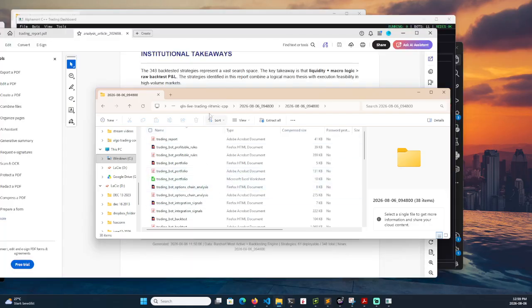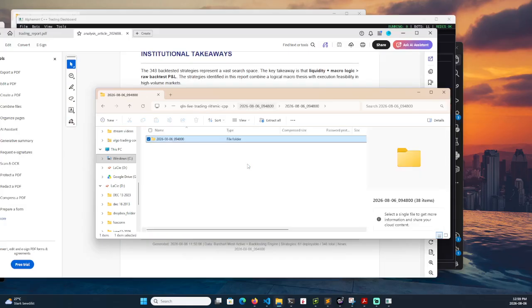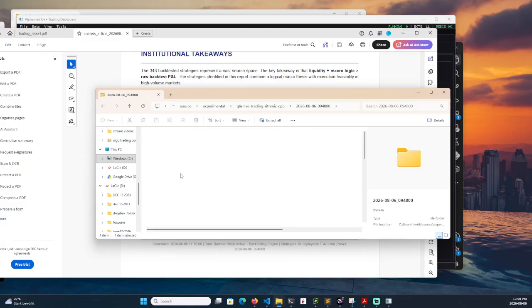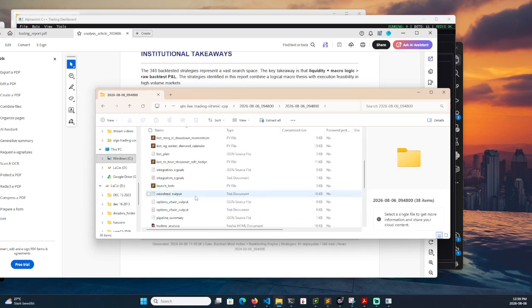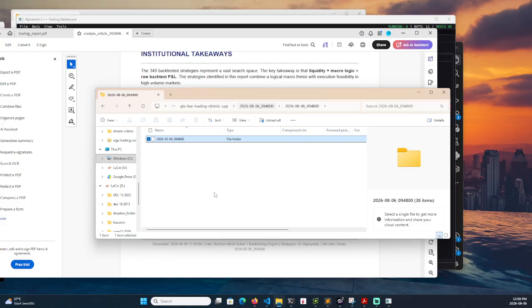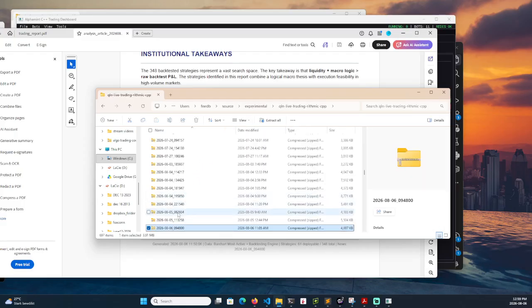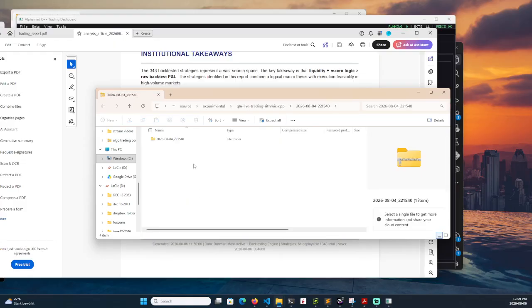Let's see here. Okay, so in here we have a backtesting folder. Now I generally don't offer this. Let me see if there's another one here. So let me just pull up a random one, let's say from the 4th of August.